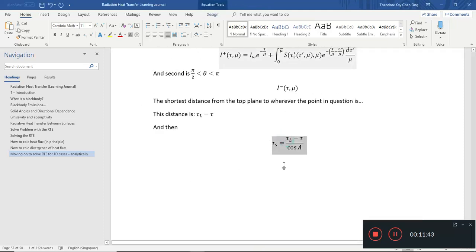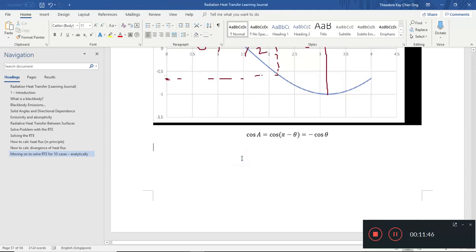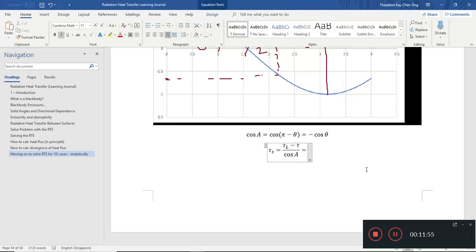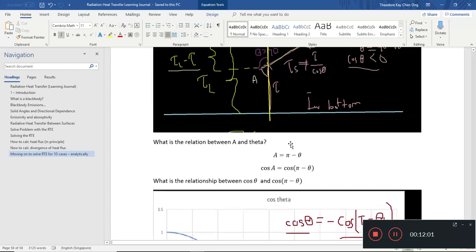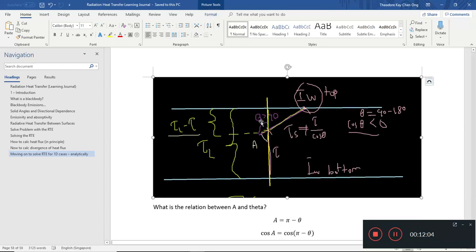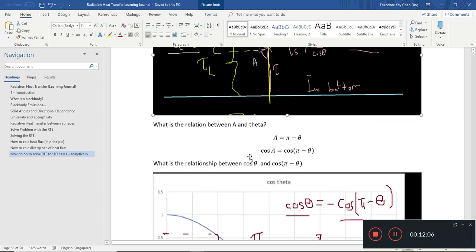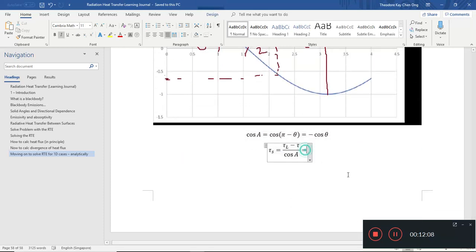Okay, so what can we do? If this is theta, and you want to put it in terms of theta, you can do it as such. Since cosine A is minus cosine theta, I put minus cosine theta here.